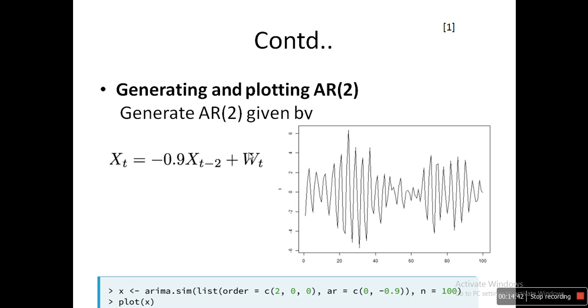Wt here is white noise that we have to add, but the rest of the white noise terms are zeros, which is why we don't have any Wt minus 1, Wt minus 2. If we plot x after this simulation, we can see the two terms, and the plot looks like this.